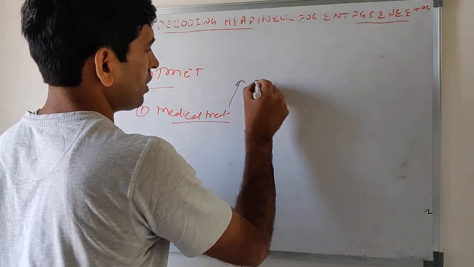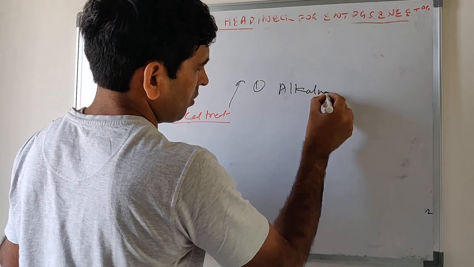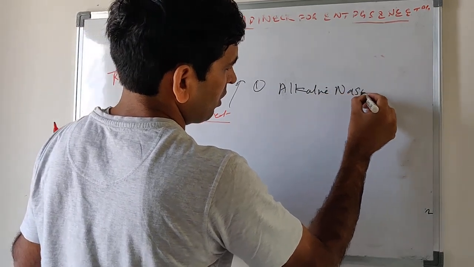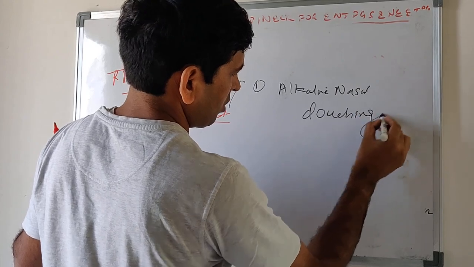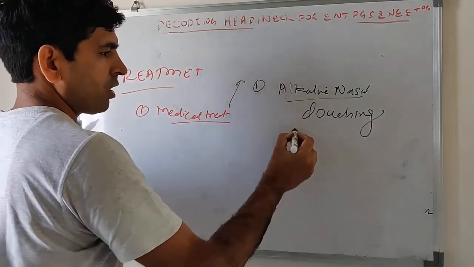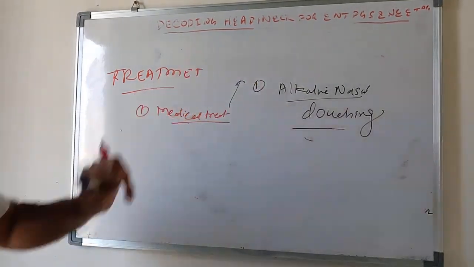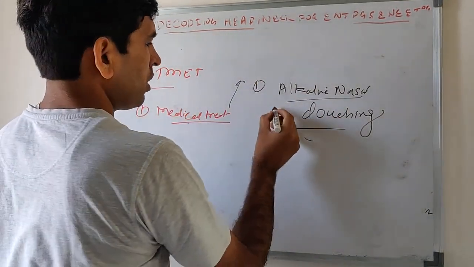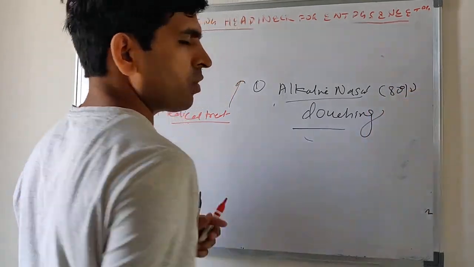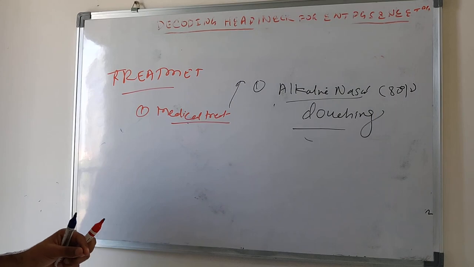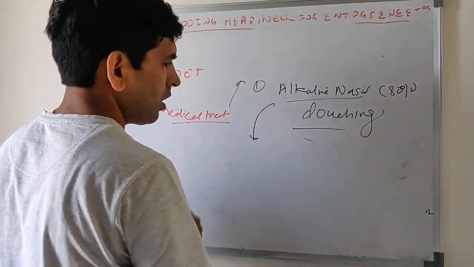First is alkaline nasal douching. This is very helpful, and 80% of cases are resolved by this treatment only. You have to continue this treatment throughout the persistent symptoms, or throughout life, till age 50 or more.